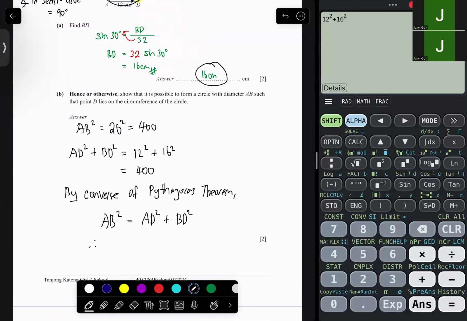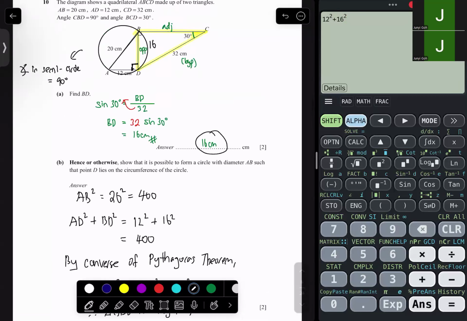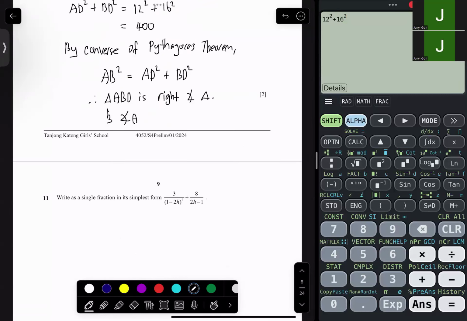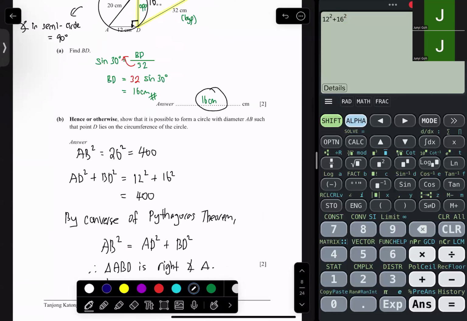Therefore, triangle ABD is a right angle triangle, and angle ADB equals 90 degrees. Okay, so that shows that it's possible, right?